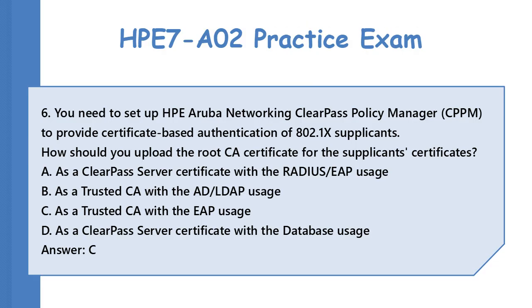A. As a ClearPass server certificate with the RADIUS/EAP usage. B. As a trusted CA with the AD/LDAP usage. C. As a trusted CA with the EAP usage. D. As a ClearPass server certificate with the database usage. Answer: C.